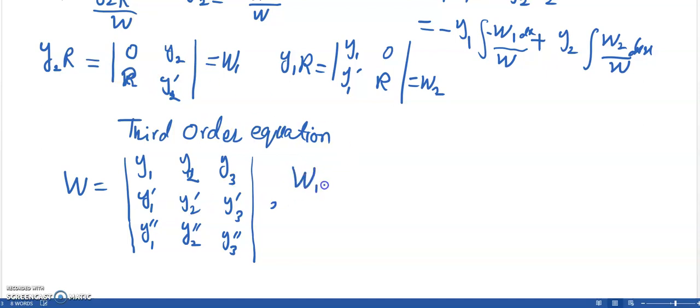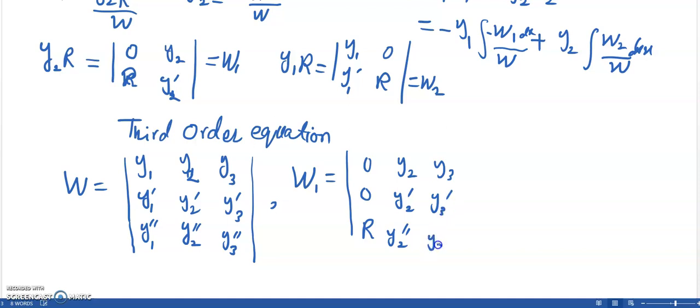So for W1, we can just simply write in the first column, we will replace it with 0, 0 and R, and then the remaining will be y2, y2 prime, y2 double prime, then y3, y3 prime, and y3 double prime.